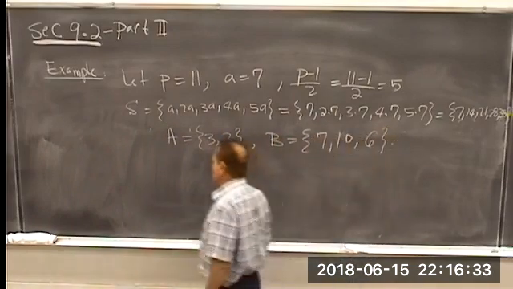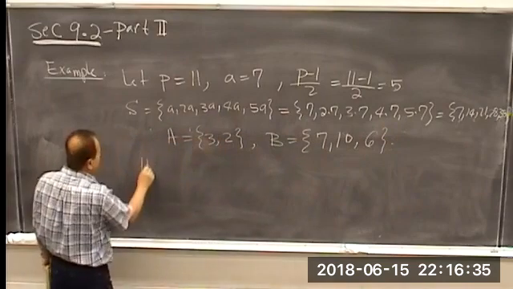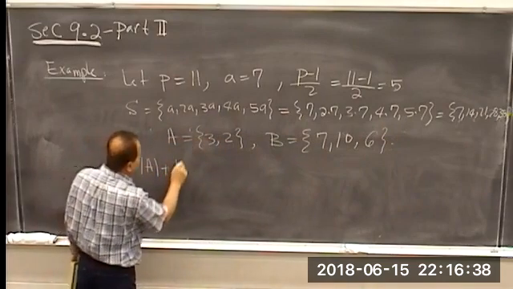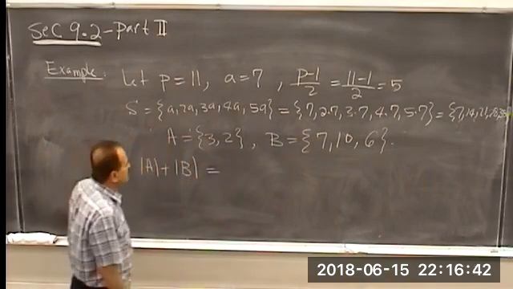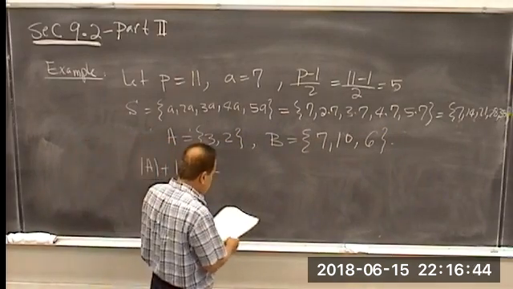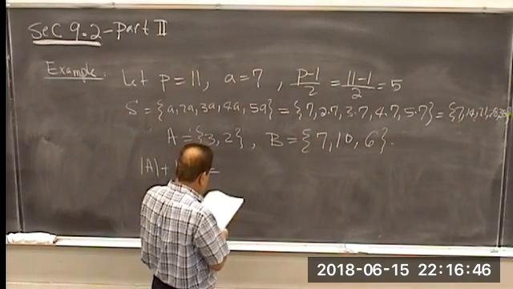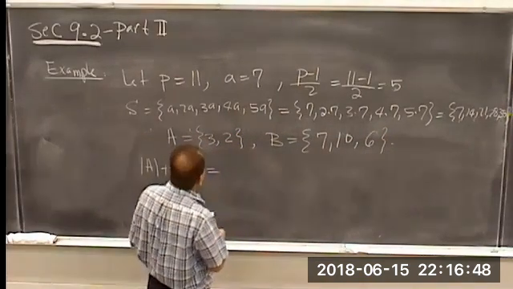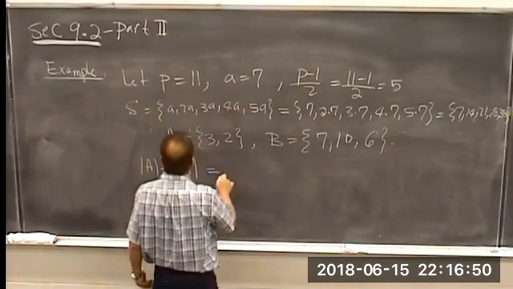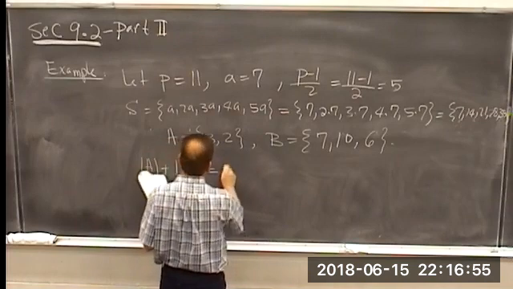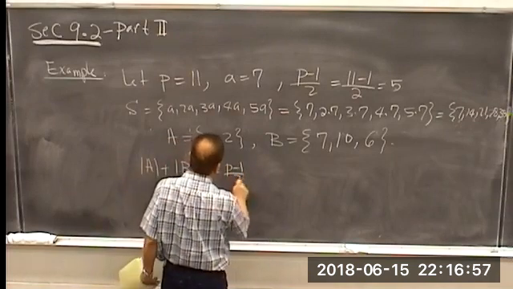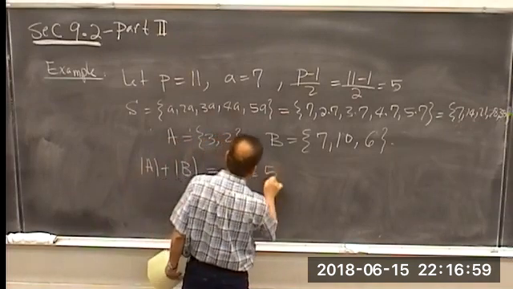One thing you're going to see is that the number of elements in A plus the number of elements in B is equal to the number of elements in the set S, which is P minus 1 over 2. In our case, it's going to be 5.